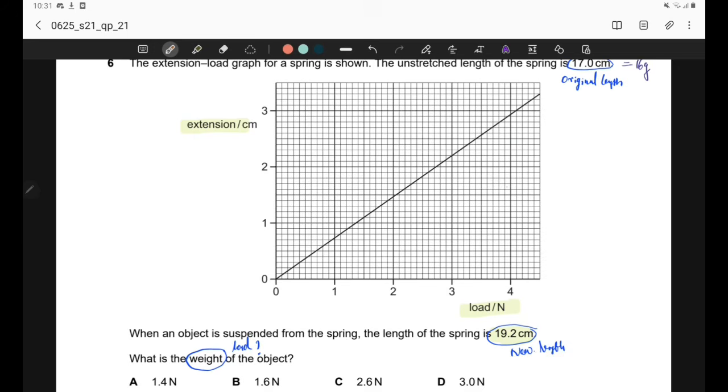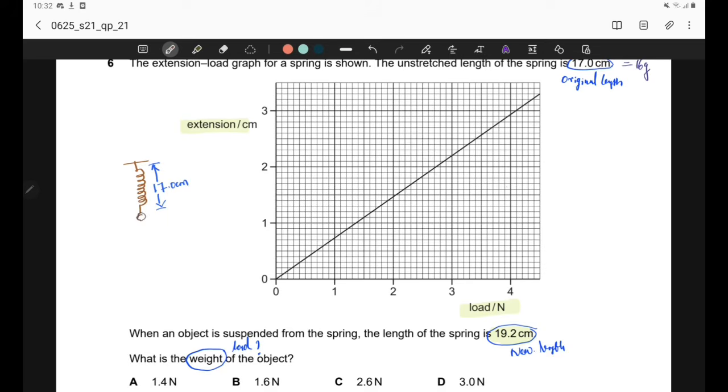So the initial length of the spring, the original length, was 17 centimeter, mentioned in the question already. So that was the initial length of the spring, but there was no load.